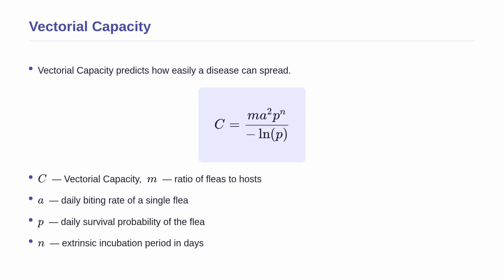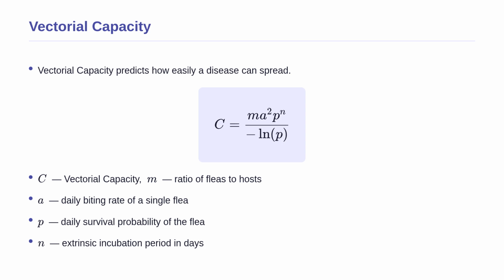The variable M stands for the ratio of fleas to hosts. The variable A represents the daily biting rate. The variable P is the daily survival probability of the flea, and N is the incubation period of the pathogen. The denominator, negative natural log of P, represents the daily mortality rate.